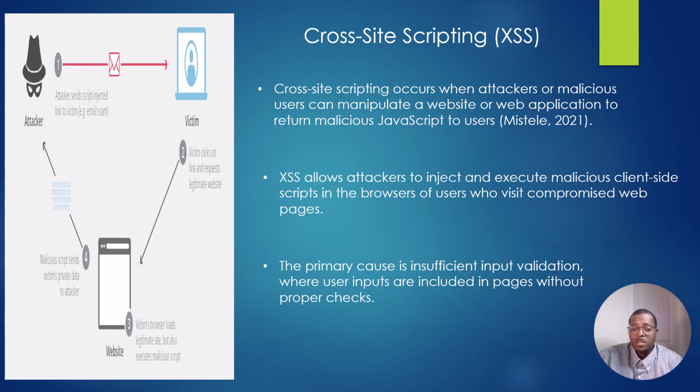Cross-site scripting allows attackers to inject and execute malicious client-side scripts in the browser of users who visit compromised web pages. The primary cause is insufficient input validation, where users' input is included in pages without proper checks.